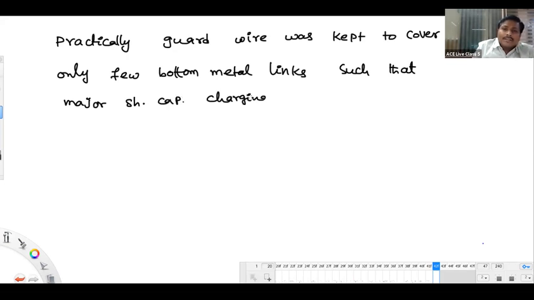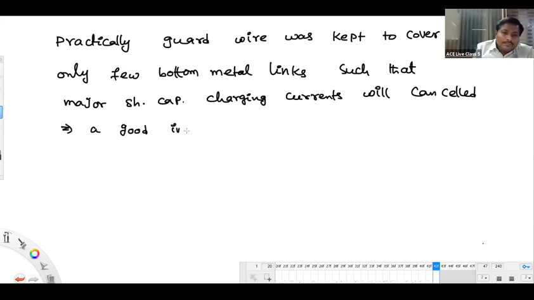Major shunt capacitance charging currents will be cancelled. That implies a good improvement in string efficiency can be expected.